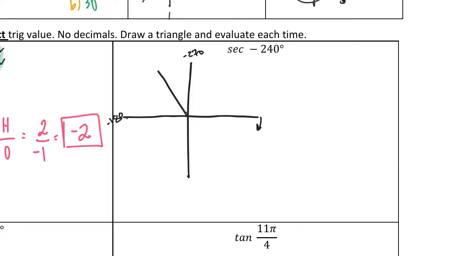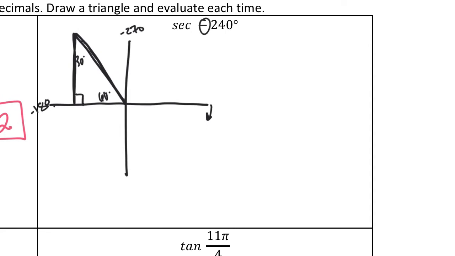So it should land in the second quadrant. To find your reference angle, think about how far negative 240 is from negative 180. It is 60 degrees away. Again, even though our angle is negative, our reference angle is always positive. Form your right triangle with the x-axis, fill in your remaining angles, and now let's fill in your side lengths.